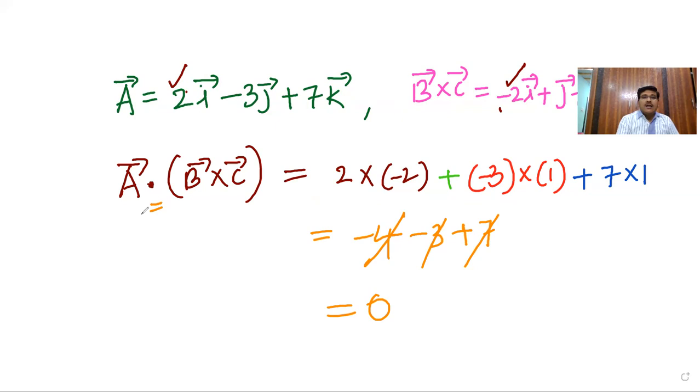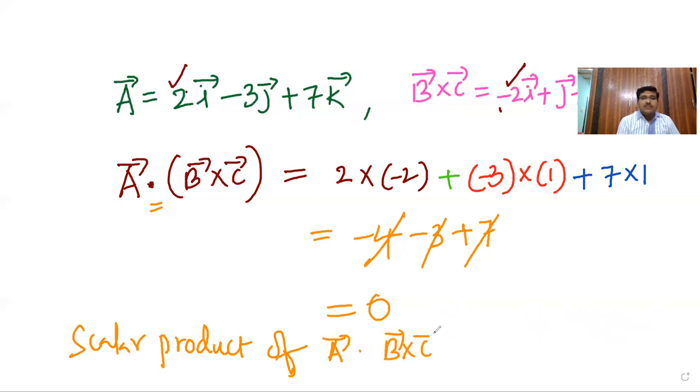So the scalar product or dot product of A bar dot B bar cross C bar. Since B bar cross C bar is a vector, the scalar product of this and this is 0.